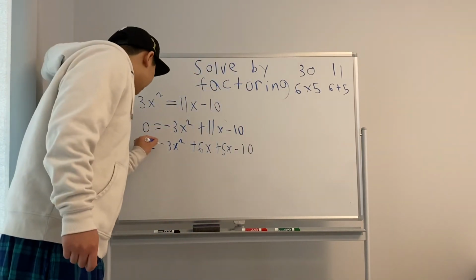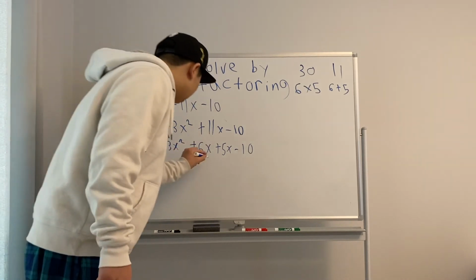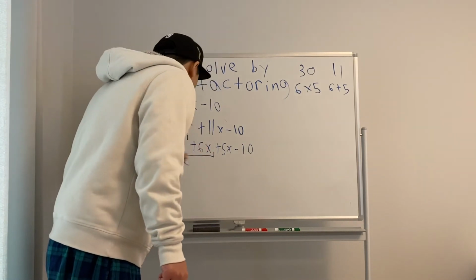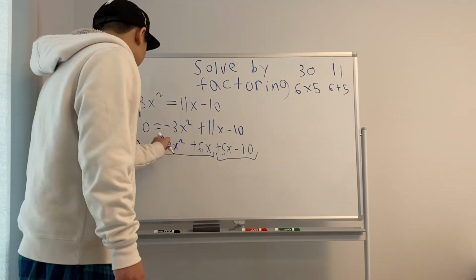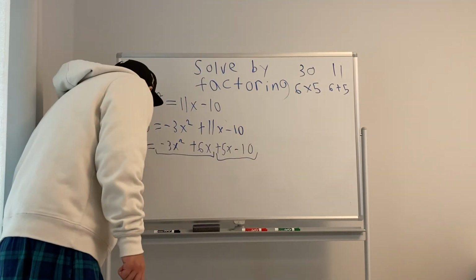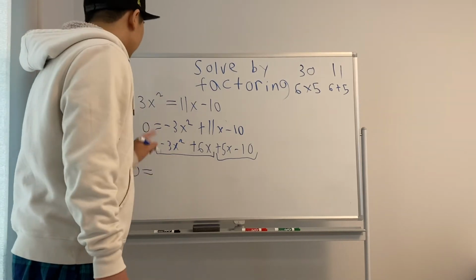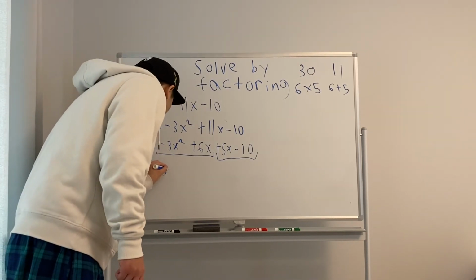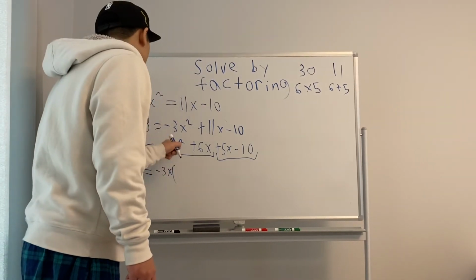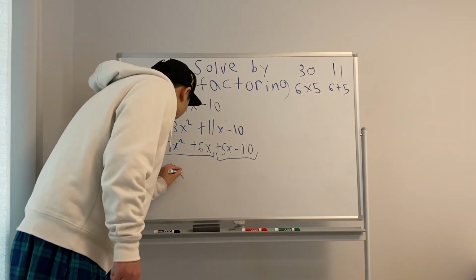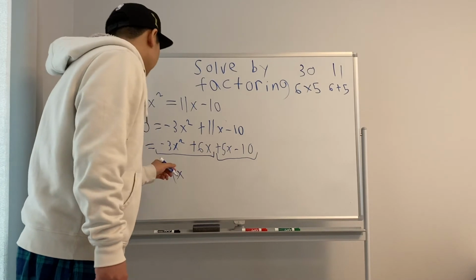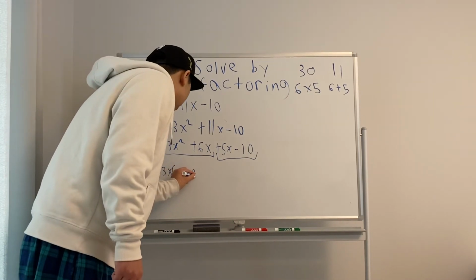We group the negative 3x squared plus 6x together, and we group the 5x minus 10 together. Now we just factor this out. So 0 is equal to, we can factor a negative 3x here. Negative 3x squared divided by negative 3x is just x. 6x divided by negative 3x is just minus 2.